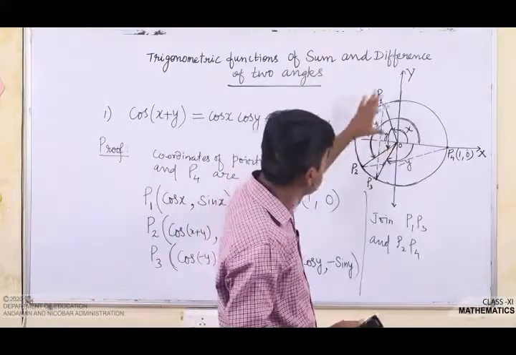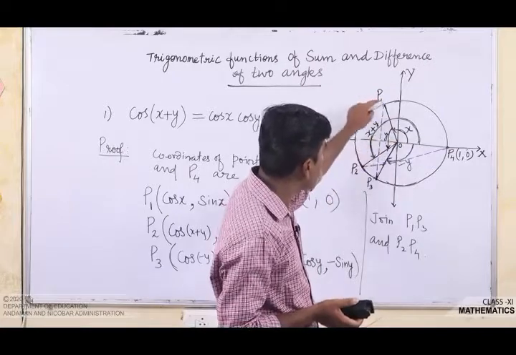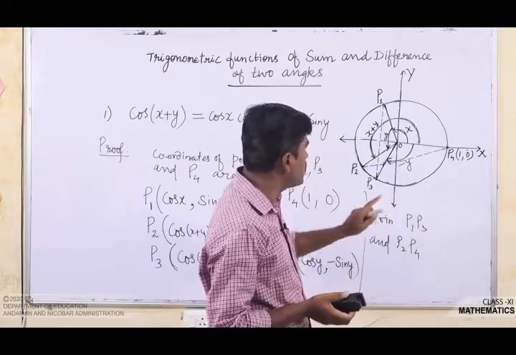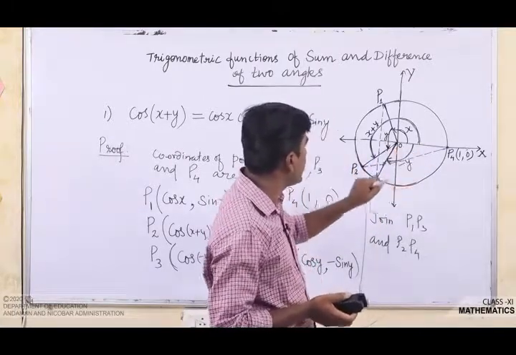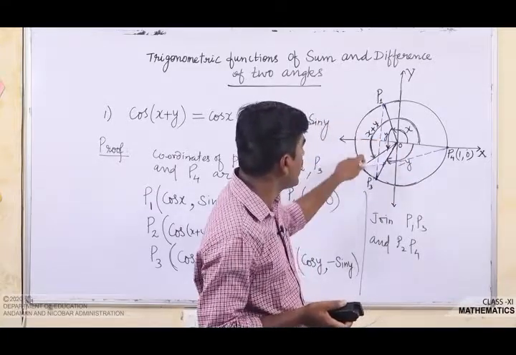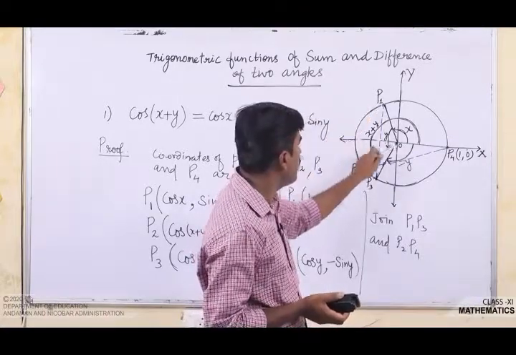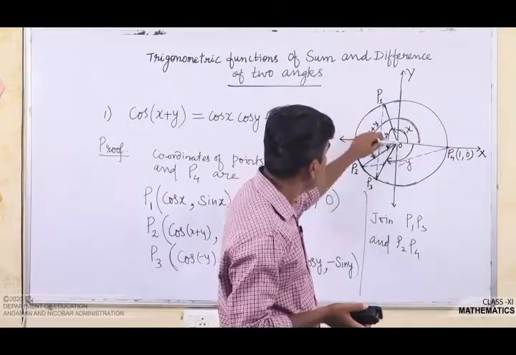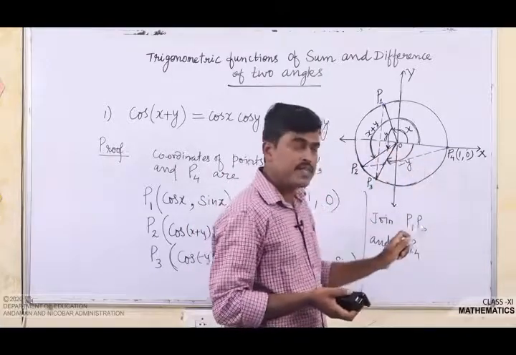Now, in this circle, the triangle P1O P3 is congruent to the triangle P2O P4, okay. Because here OP1 is the radius of the circle, OP2 is also the radius of the circle, OP3 is the radius of the circle, OP4 is also the radius of the circle.